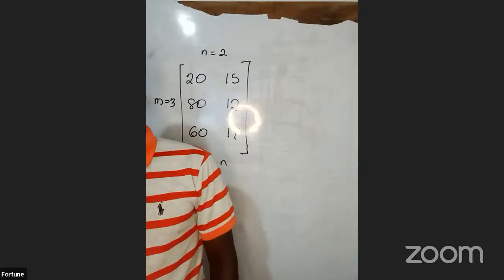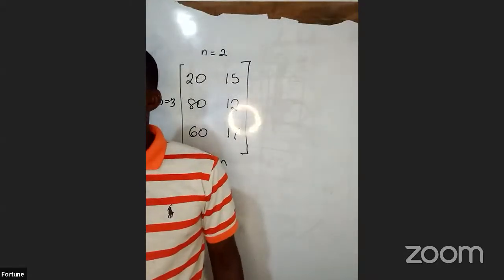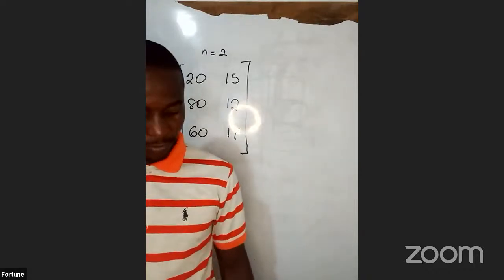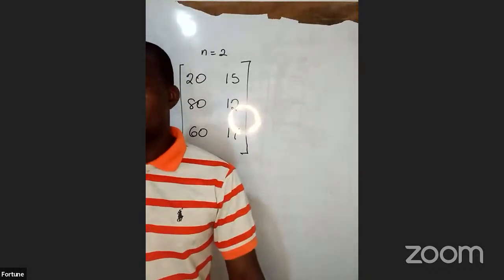So the first one is balanced. Let's see the second question. In the second question, okay, it's not balanced, so you need to balance it before you proceed. So let's just look at the second. We'll not solve everything because we've solved this a number of times.